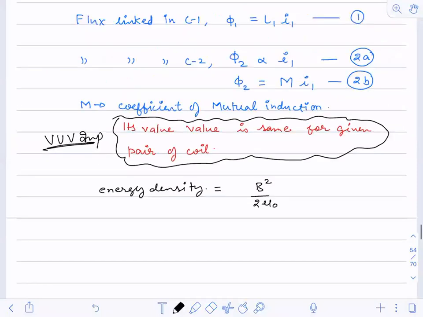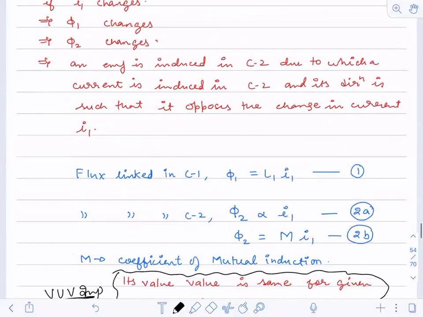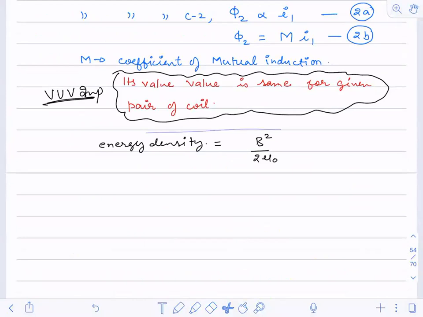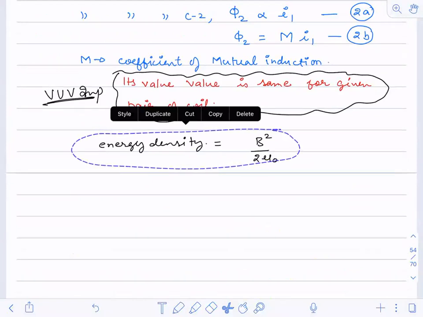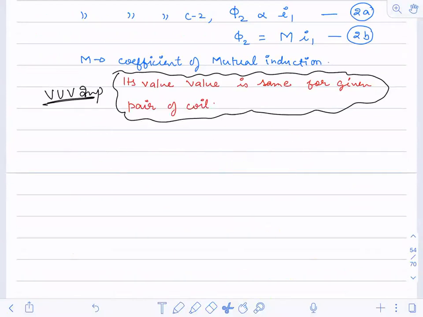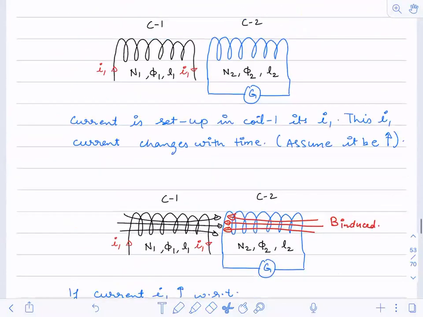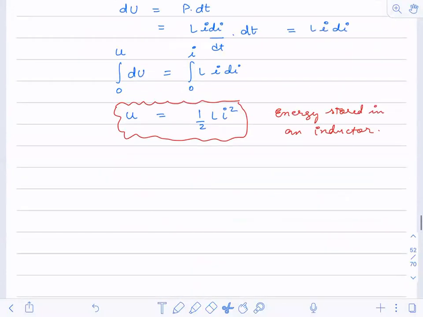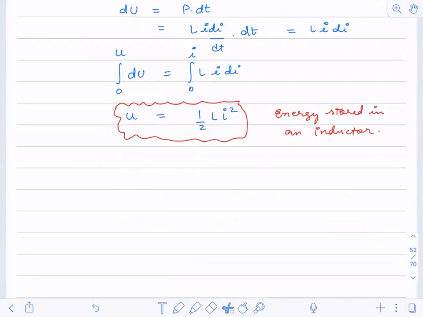We had done this energy formula over here. This is not related to mutual induction; instead, this is the topic of self-induction. So the energy formula we had done yesterday is over here. What you are supposed to do is substitute the value of L. What was the value of L?